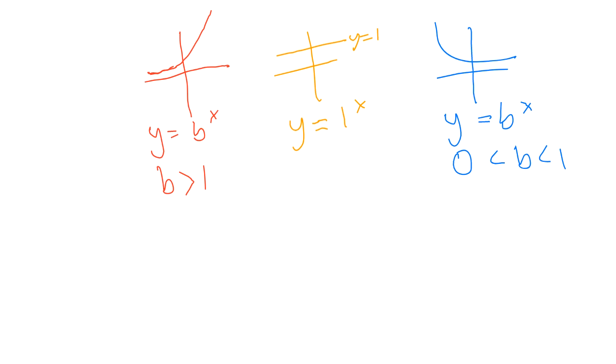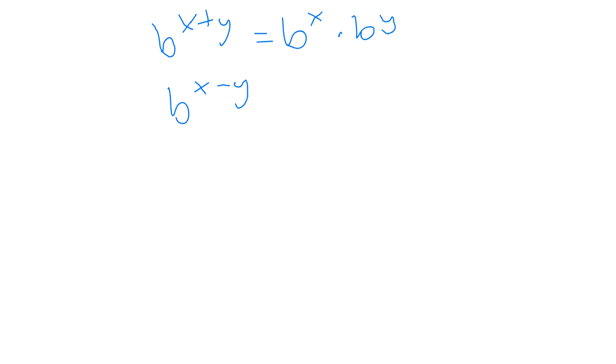And then next thing we need to go over is our exponent rules, which are going to make life so much easier, especially as you go through calculus. These are really important things to know. If we ever need to break down really big exponents, we have several rules to help us. We can say that b to the x plus y equals b to the x times b to the y. B to the x minus y equals b to the x over b to the y.